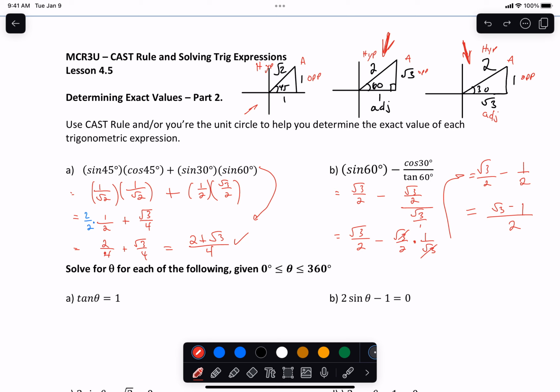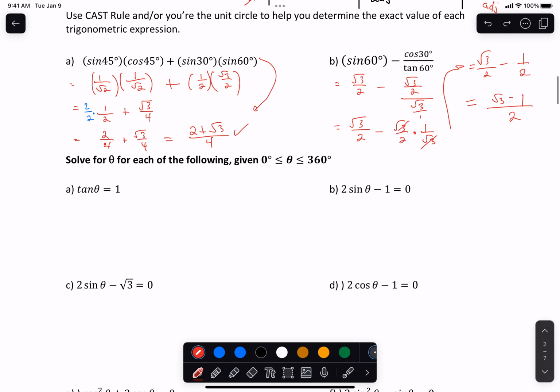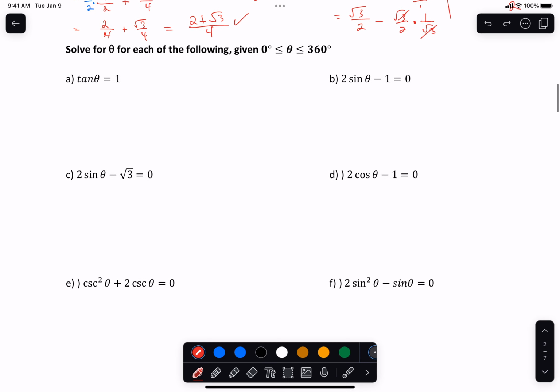Okay, so those ones are not too bad. I think maybe the harder ones are going to be the second part here, where I'm actually looking for values of theta that satisfy the conditions that are ultimately embedded in these questions. And a little trickier to see.